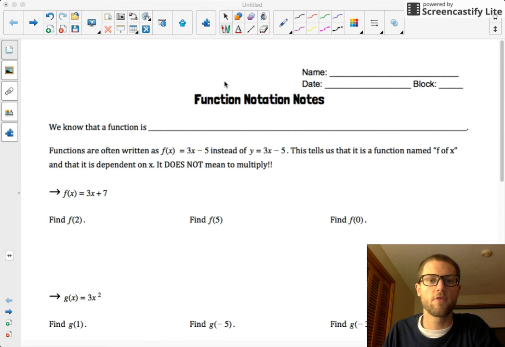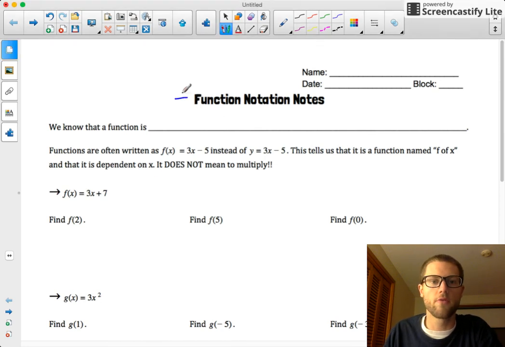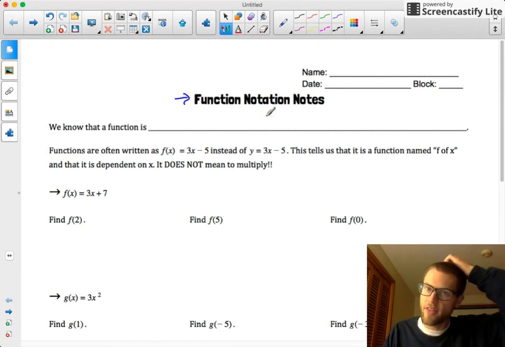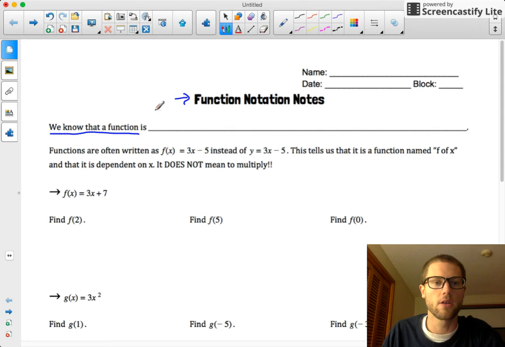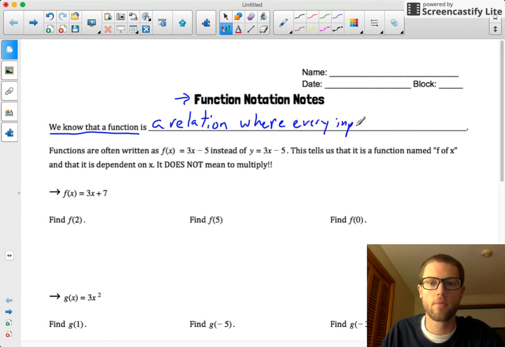In this set of videos, we're going to go over what function notation is. We're going to add that to the list of what we've already learned so far about functions. And just to recap what a function is: a function is a relation, and not just any relation, it's a relation where every input has only one output.